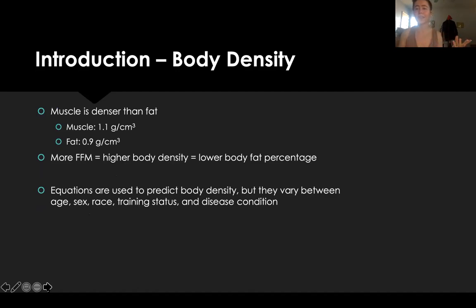So how do we calculate body fat percentage? How do you do that without using DEXA and crazy technological stuff? Basically, we find your body density. We know that muscle is denser than fat. So muscle is 1.1 grams per centimeter cubed, and fat is 0.9 grams per.